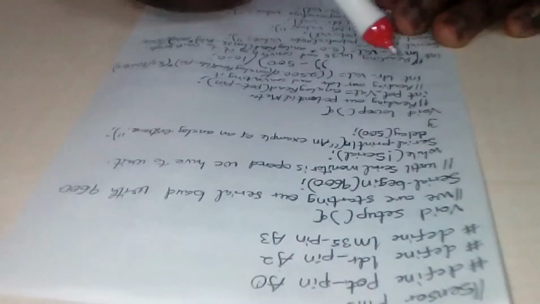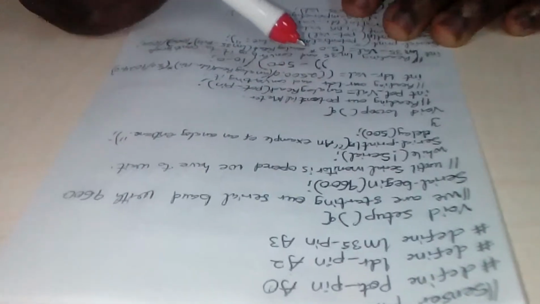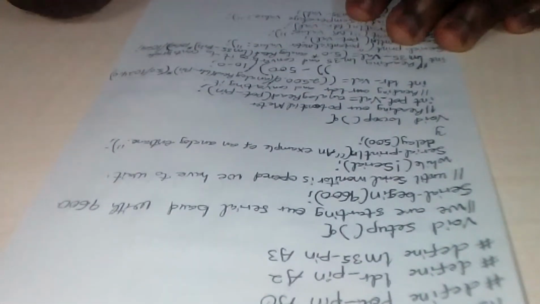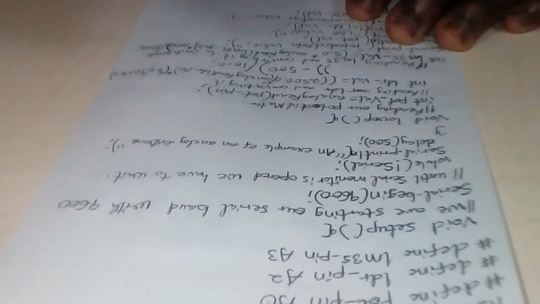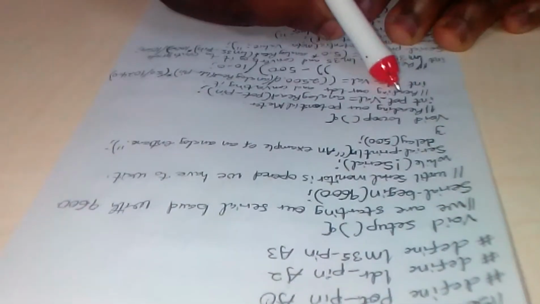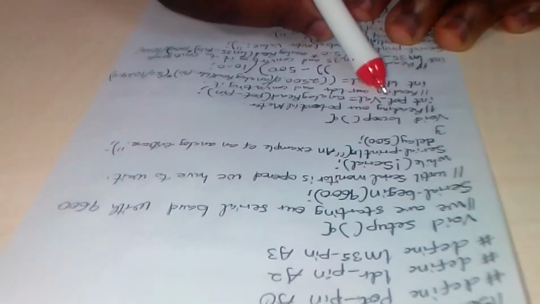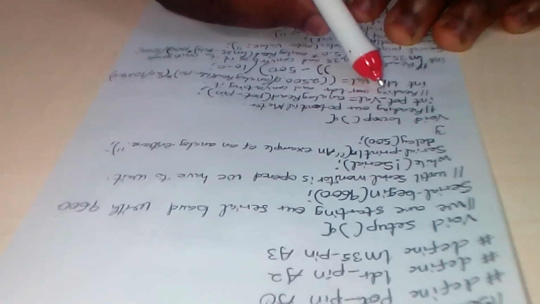Now we come to our void loop. Here we are going to read the value of our potentiometer, meaning when we twist our potentiometer to any level, we are going to read it. That's when we said input value. This input value means we are going to read the digital value.